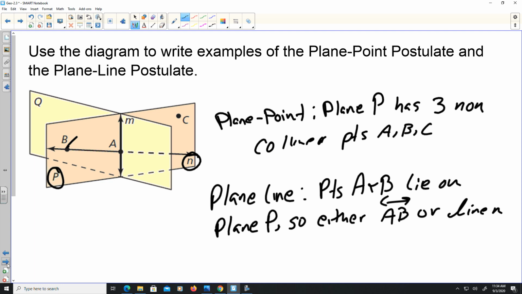Line AB or line N lies on plane P, because the plane-line postulate says if 2 points lie in a plane, then the line containing them lies in the plane.